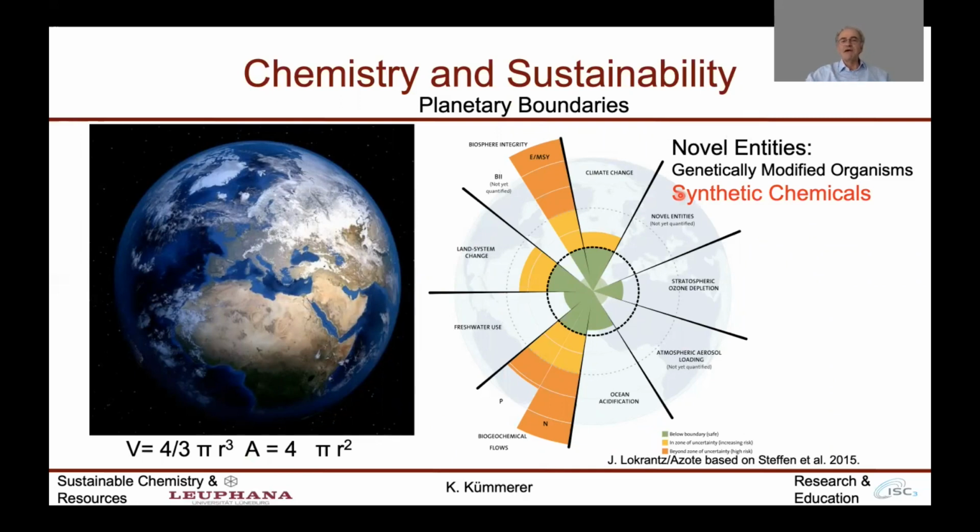And interestingly, you can see here we have nothing. It's called novel entities. With synthetic chemicals, maybe because it's so many and all behave different, each is individual, maybe it will never be possible to define a so-called boundary where we are on the safe side and the safe operating space. Therefore, in general, we have to reduce and to do with less chemicals for better service.